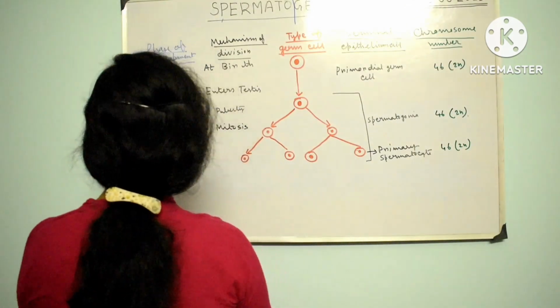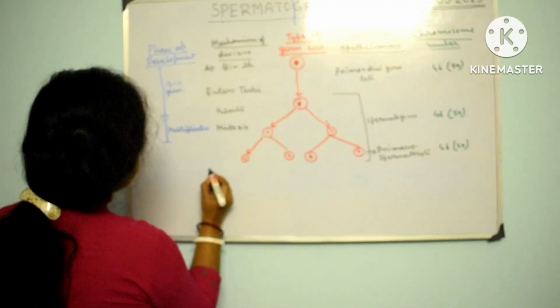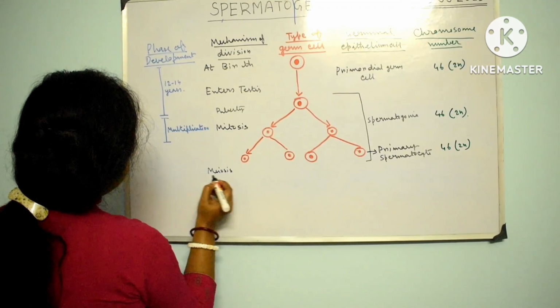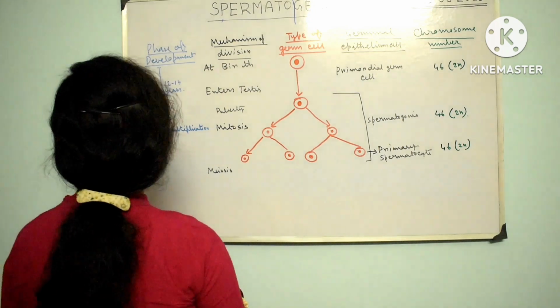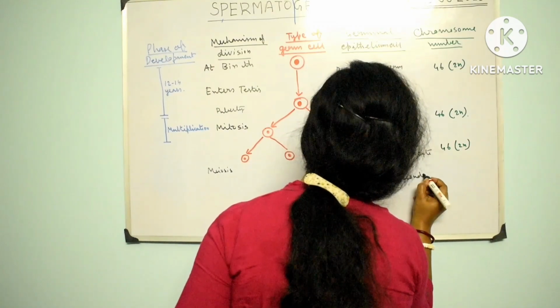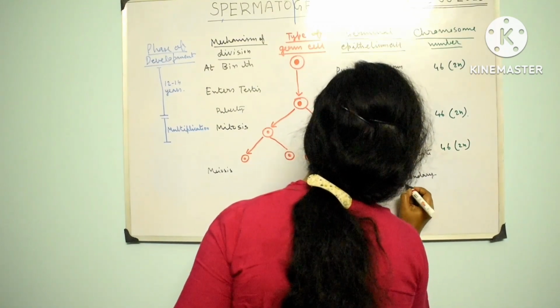After that, meiosis division will occur, giving the secondary spermatocyte.